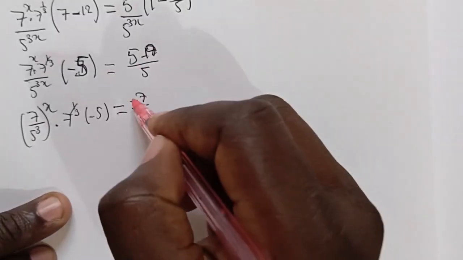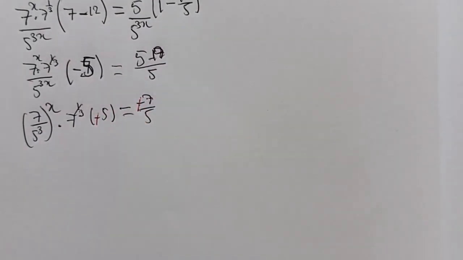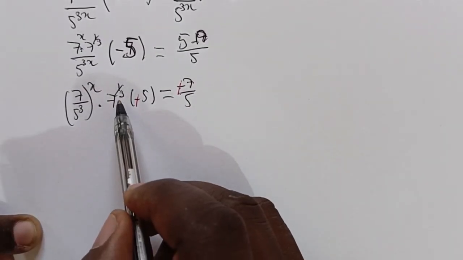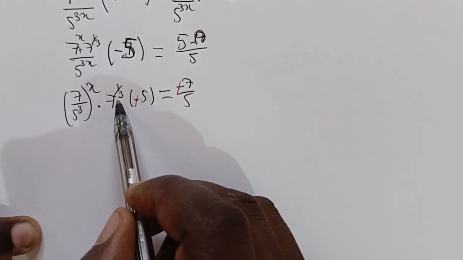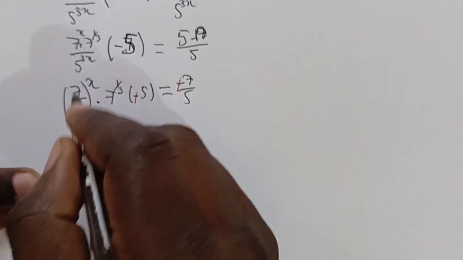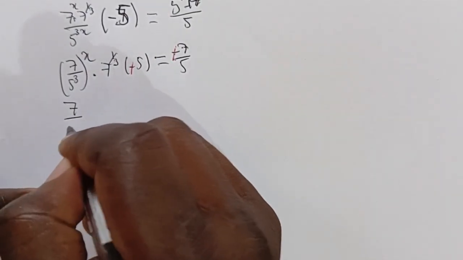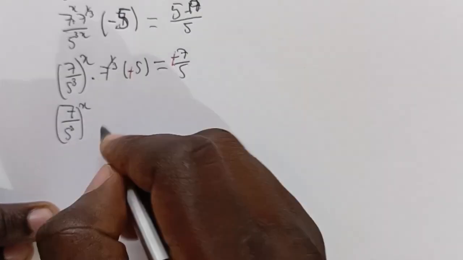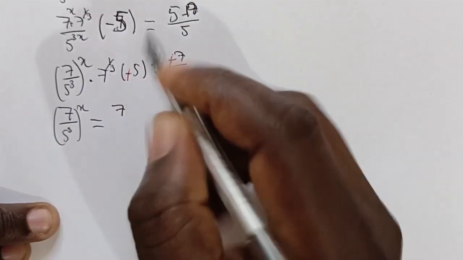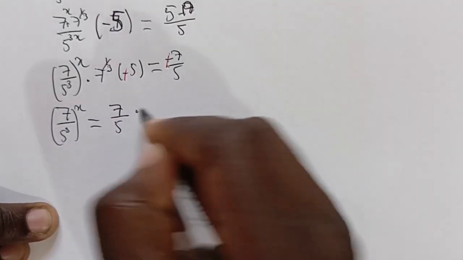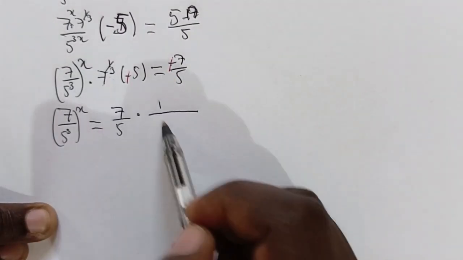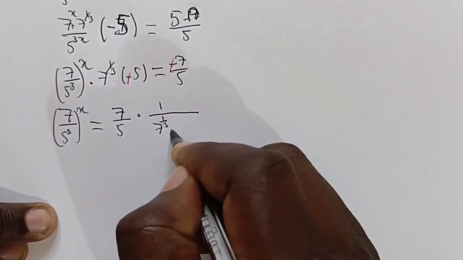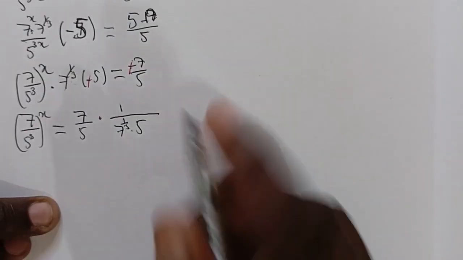This minus can simplify this to be positive, and I need to divide both sides by 7 to the power of 1 over 3 times 5. Here I have 7 over 5 to the power of 3 raised to x, and this is 7 over 5 times 1 over, dividing this here, 7 to the power of 1 over 3 times 5.